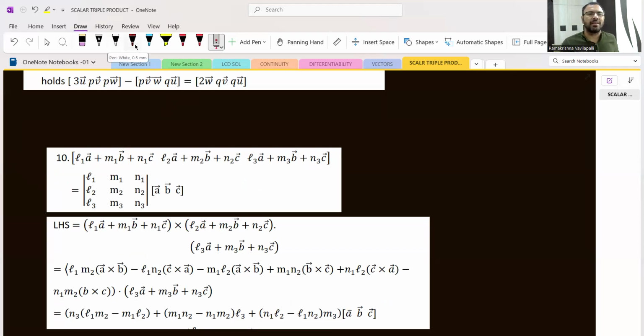Right. Well, so assume that first vector is alpha bar, and the second vector is beta bar, and the third vector is gamma bar. Right. Okay.